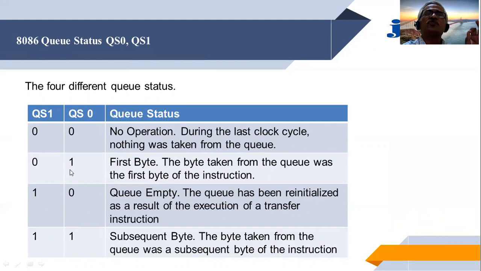If QS0 and QS1 is 01, then the byte taken from the queue was the first byte of the instruction. Then 10 means the queue is empty. For certain operations, the queue is required to be empty.